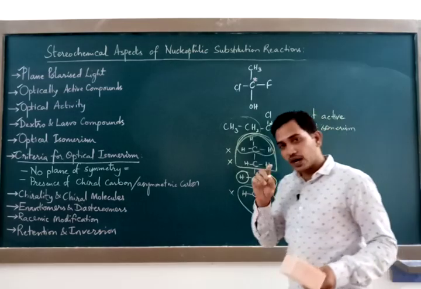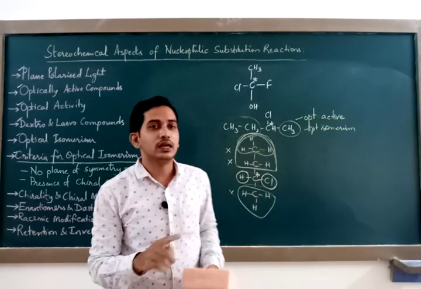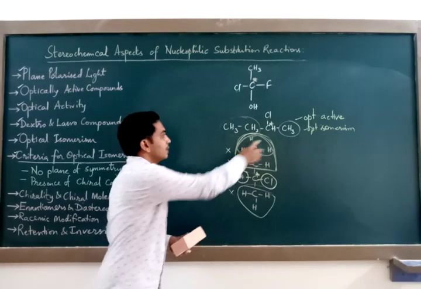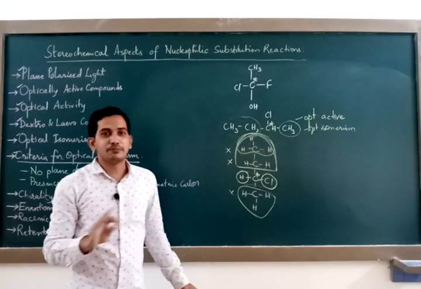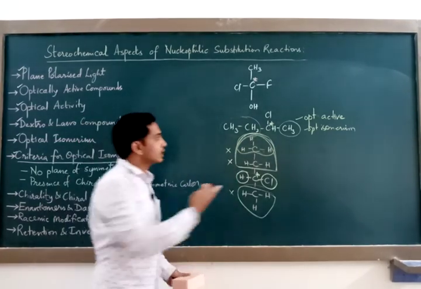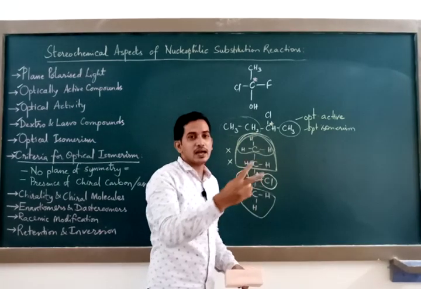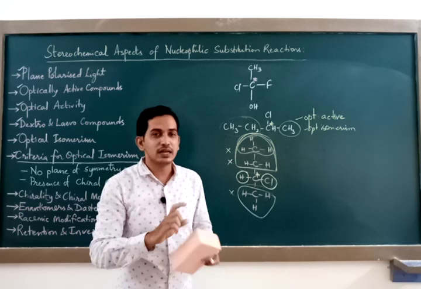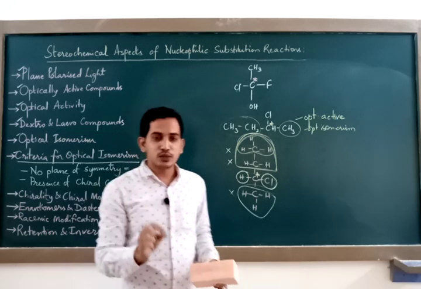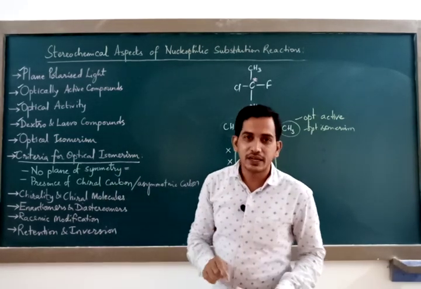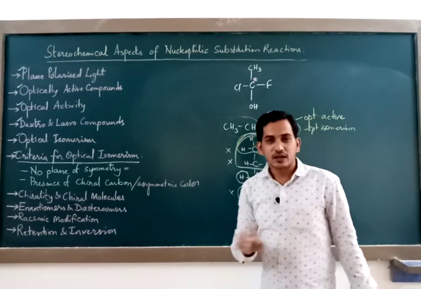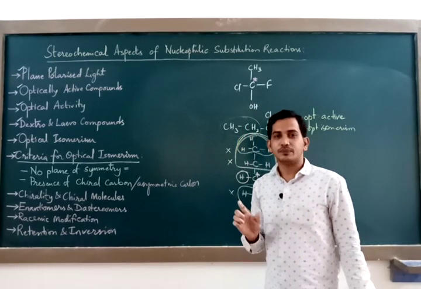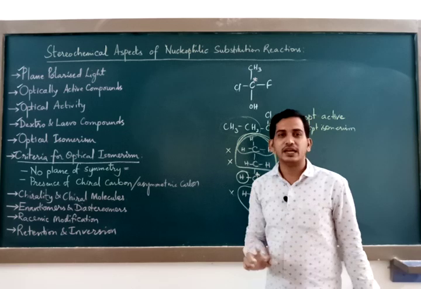No. If you are observing any asymmetric carbon atom, it will never have plane of symmetry. You cannot cut this molecule into exact half and see that its 2 mirror images are same. Its mirror images will never be same. Molecules which contain asymmetric carbon atom will not contain plane of symmetry. It contains only chiral carbon atom.